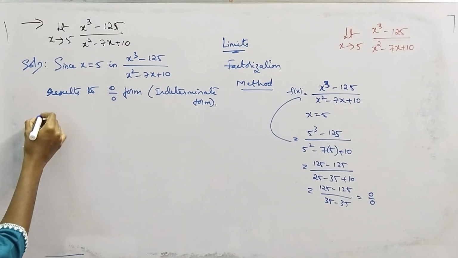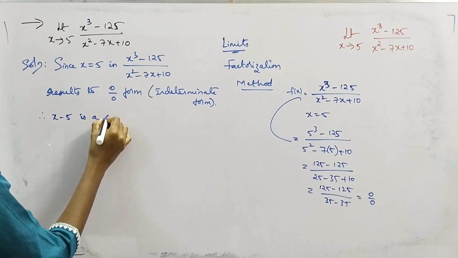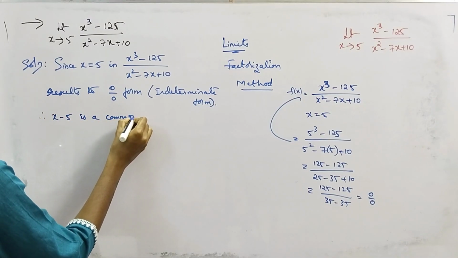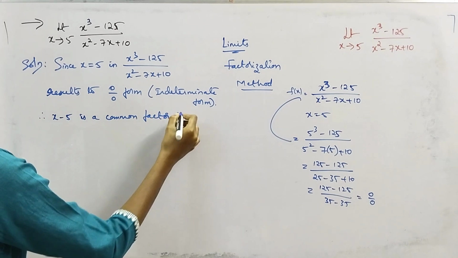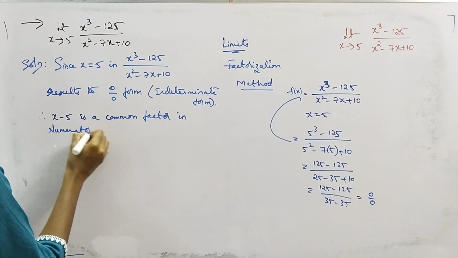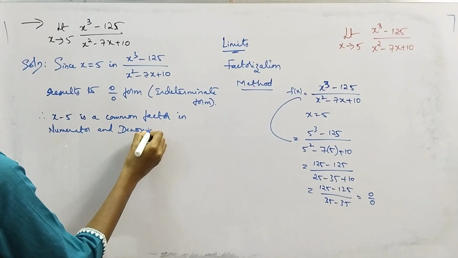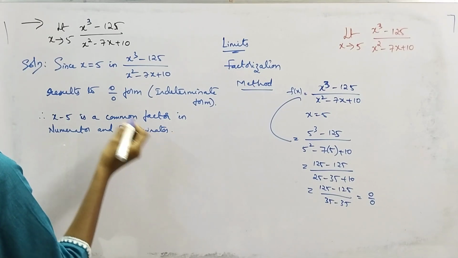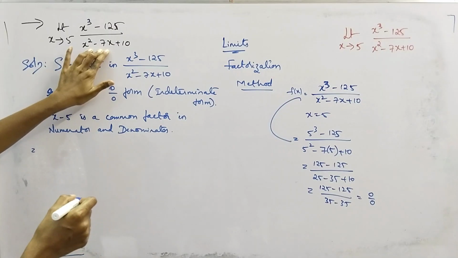So therefore x minus 5 is a common factor in numerator and denominator. Let's find factors for the denominator.